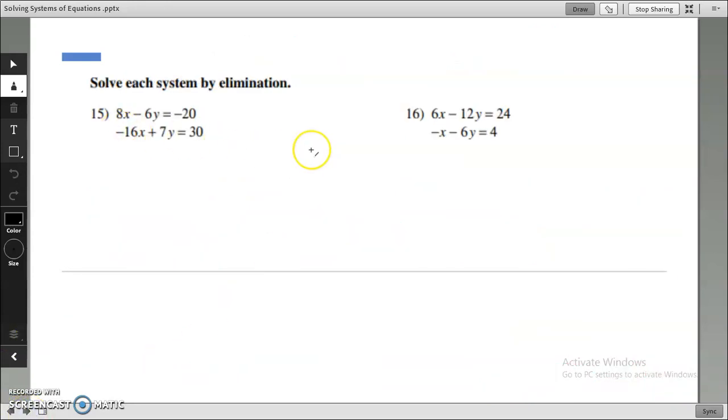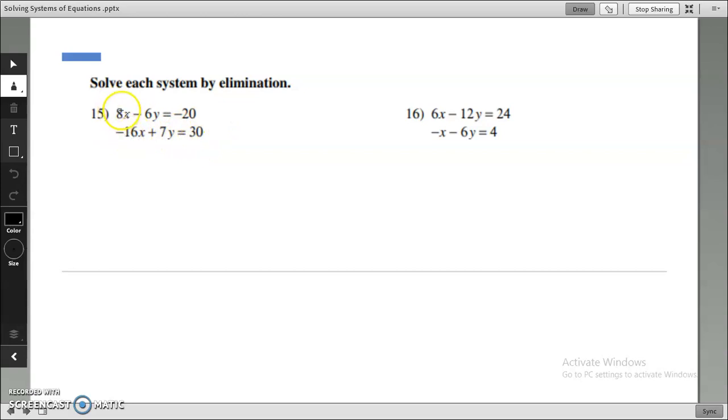The next method is the elimination method. The elimination method basically means that I want to eliminate one of my variables. One of my variables has to go. And I want to decide which variable should go based on multiples. Looking at problem 15, I have 8x minus 6y equals negative 20 and negative 16x plus 7y equals 30.